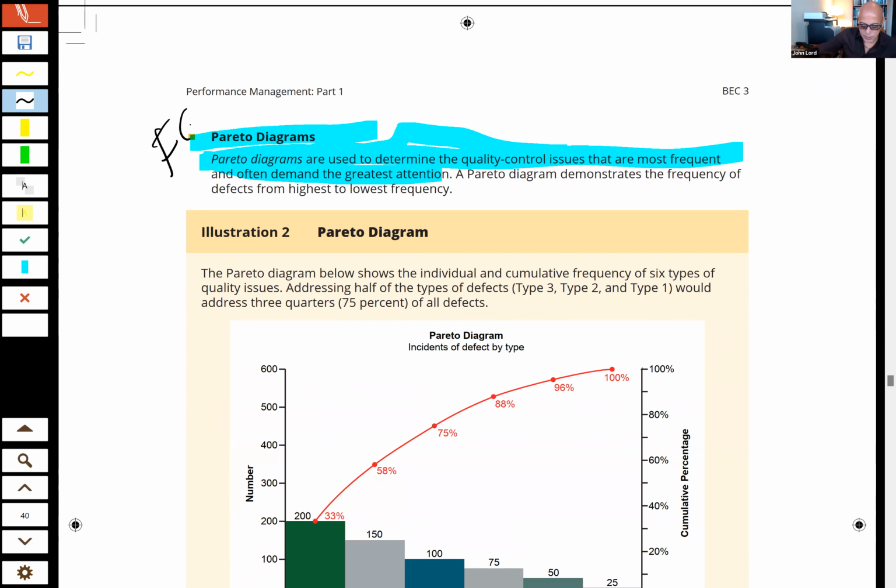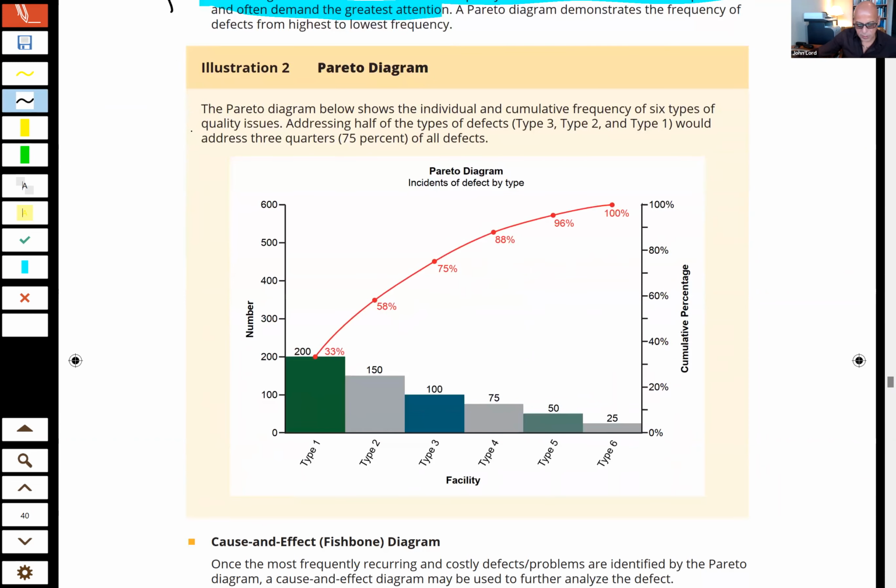So when you look at this here, you're probably going to deal with type 1 defect before you're worried about type 6 defect, or maybe type 6 defect is an easy fix and you just go ahead and knock that one out right away. And then you maybe come back towards some of these more common causes of defects.